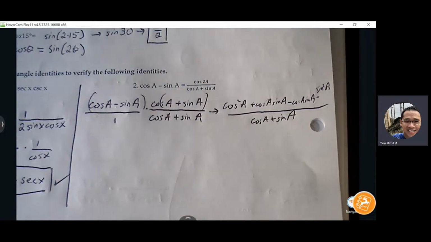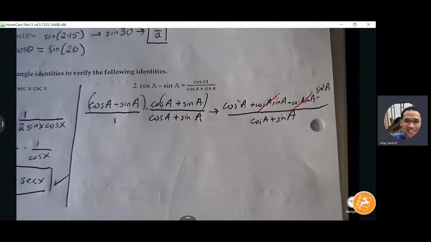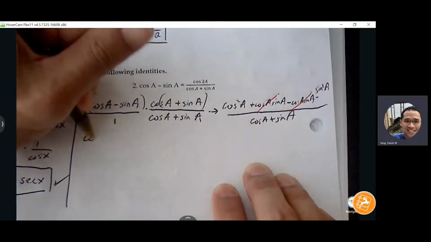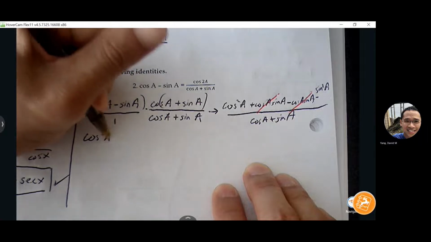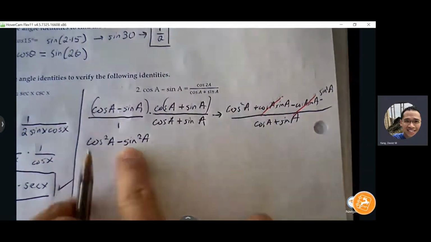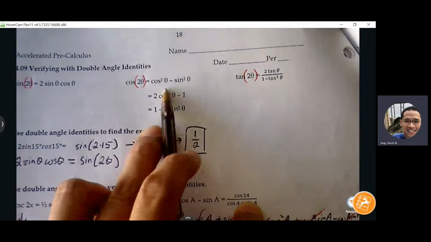Sorry, I ran out of room. What's convenient about the middle terms? Okay, they cancel out. So I'm left with cosine squared minus sine squared. And what can I do with cosine squared minus sine squared? Good. Cosine squared a minus sine squared a. I can reach my goal here because that's what my identity is.